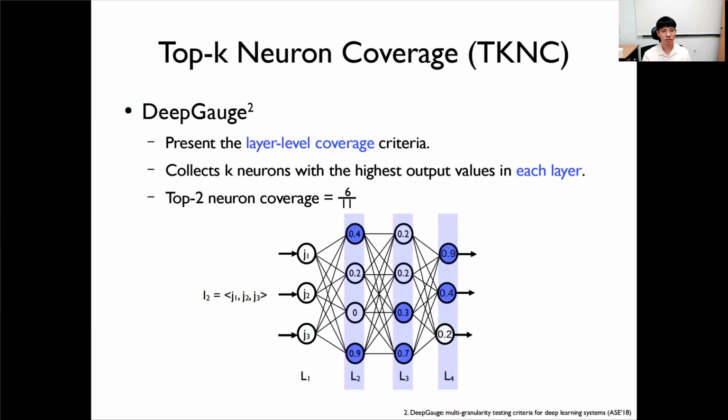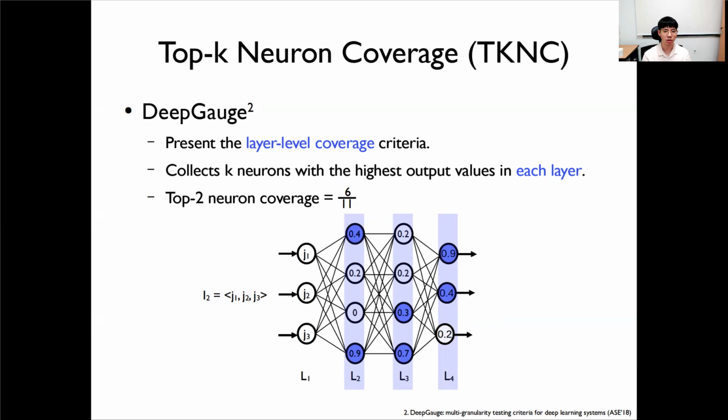Then suppose that the top k value is 2. We collect the 2 neurons with the highest output values in each layer and mark them as activated neurons. So for example, at the second layer L2, the first and the fourth neurons are considered as activated neurons.